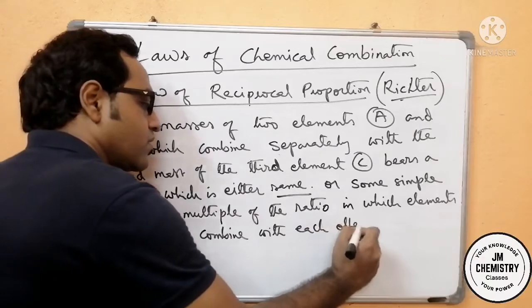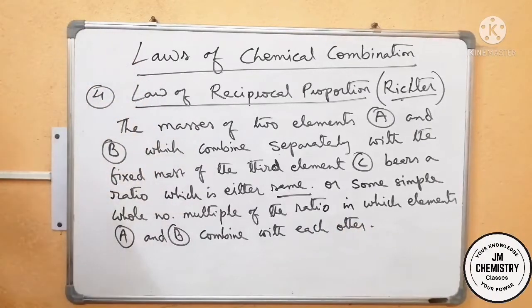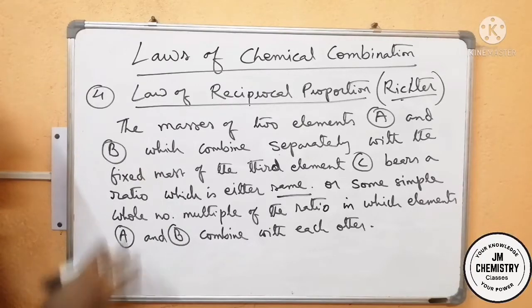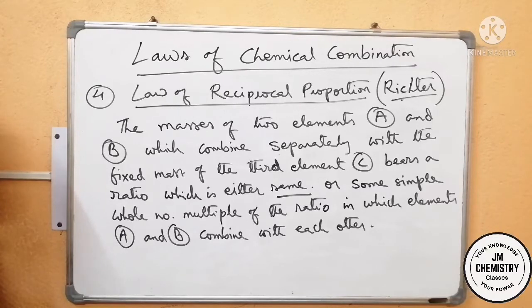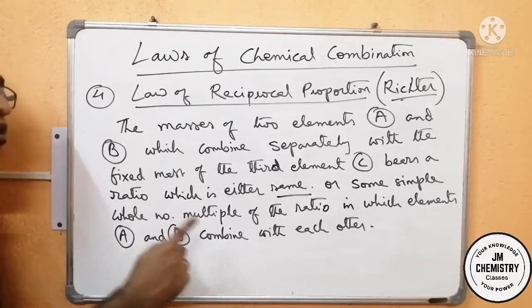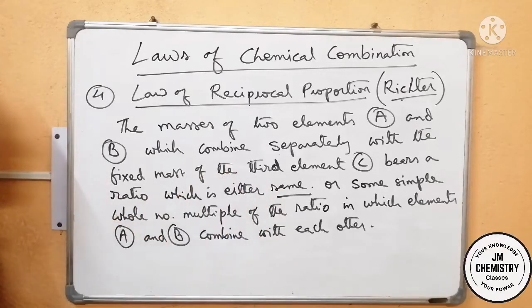So what does it say? It is a little complicated. The masses of two elements A and B which combine separately with the fixed mass of third element C bear a ratio which is either the same or some simple whole number multiple of the ratio in which elements A and B combine with each other.